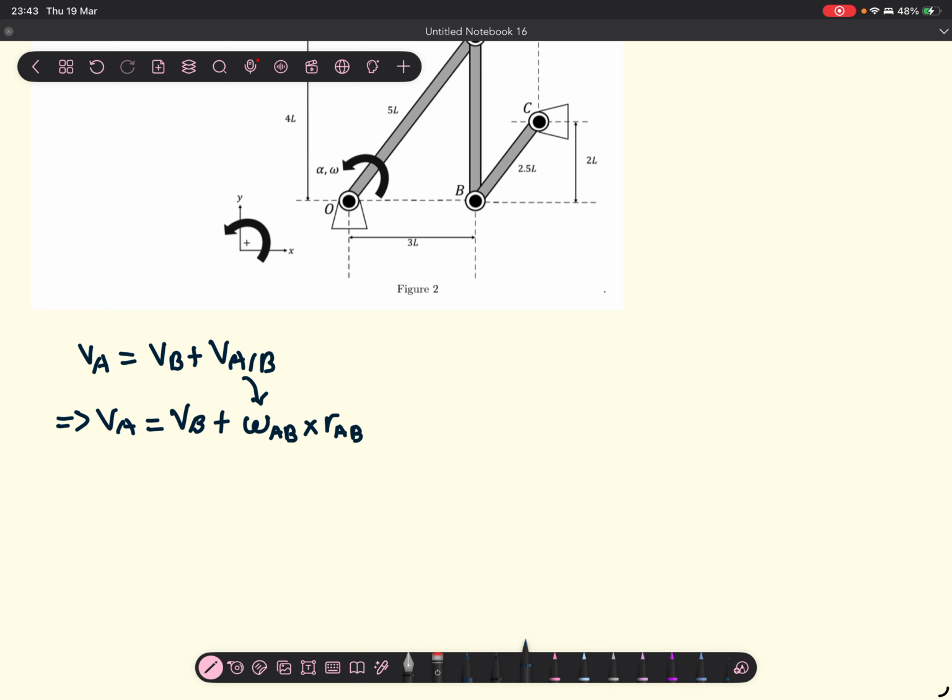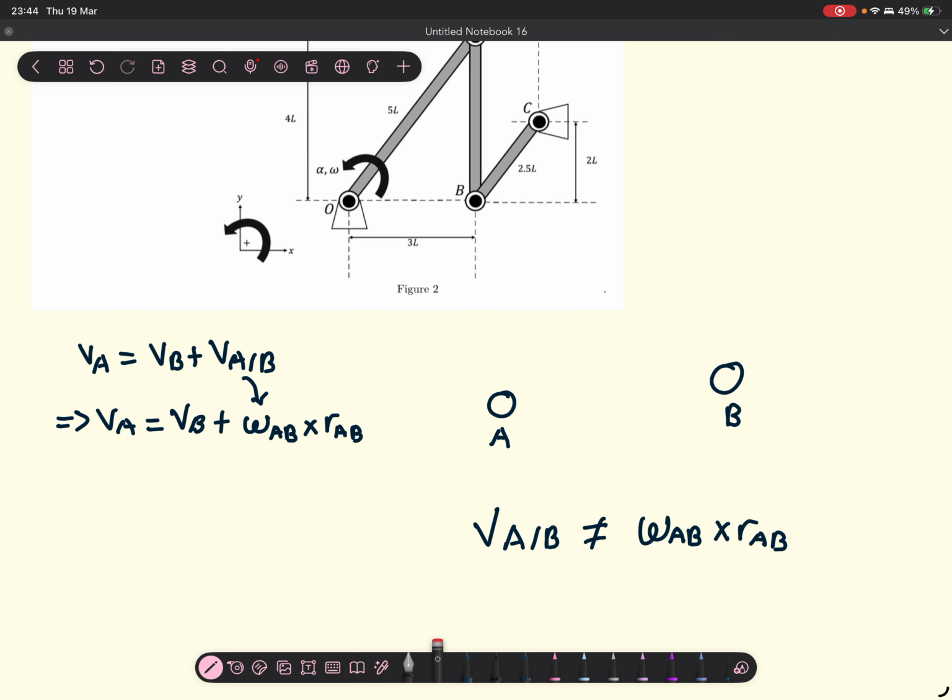If we were looking at two particles in space, for example, so if this was A and this was B, then VA relative to B would not be equal to omega AB crossed with R AB, because these are two separate points, right?